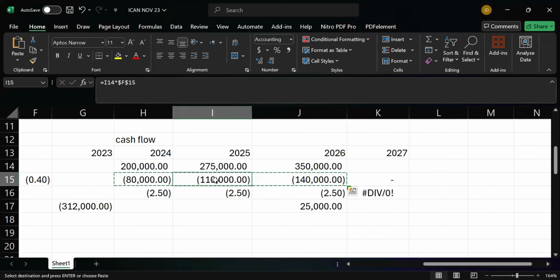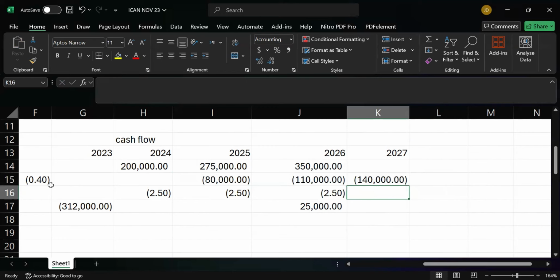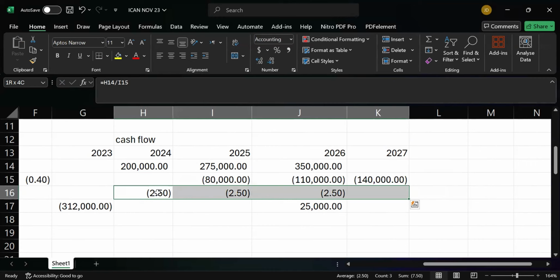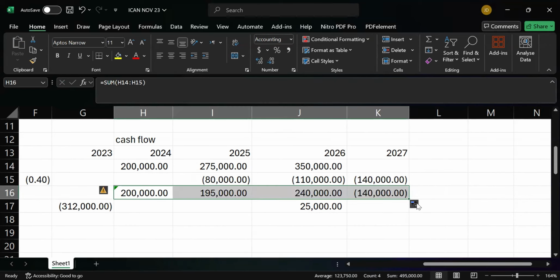Okay. So what will now be the after-tax cash flow? I want to ensure that every expense has been captured. So this will be my after-tax operating cash flow.